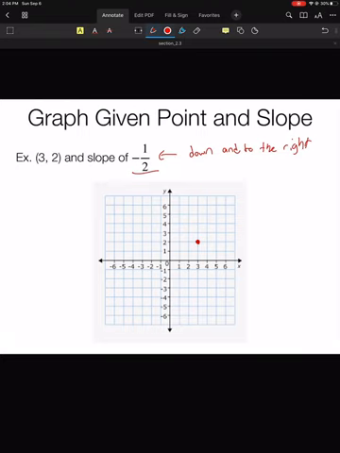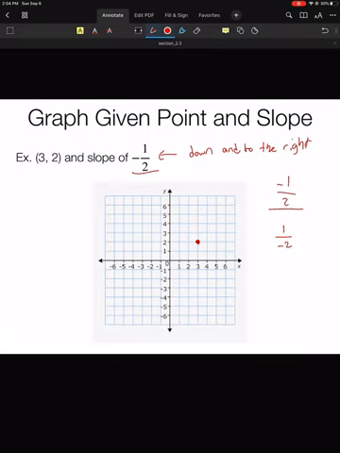That's what I should be looking for. I could rewrite the slope of -1/2 as -1 over 2 or 1 over -2. Either way I'm going down and to the right.